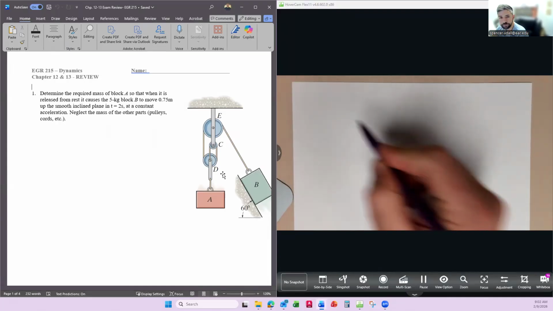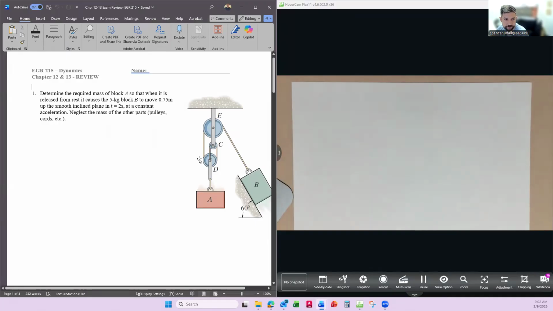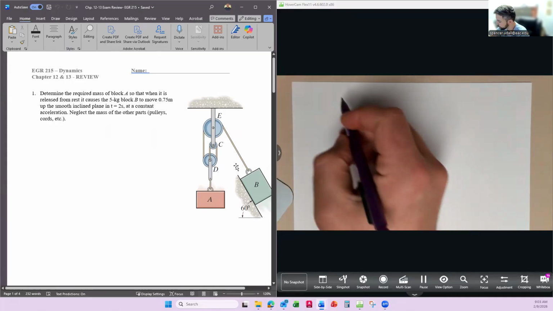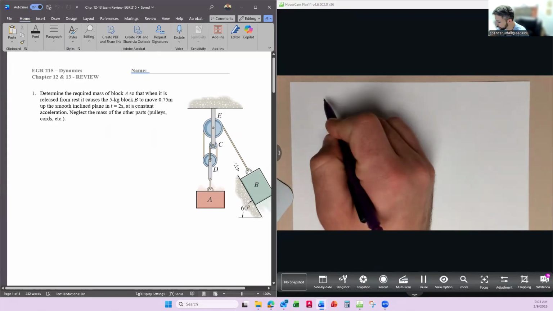If we look at the statics over here, we've got three chords pulling there, so that would be 3P. If this is all one chord, we'd have 3P pulling up there, and 1P there. That's P, P, P, P, P. So it looks like as we move this, it's going to be moving 3 times as slow as that guy. That was our mechanical advantage.